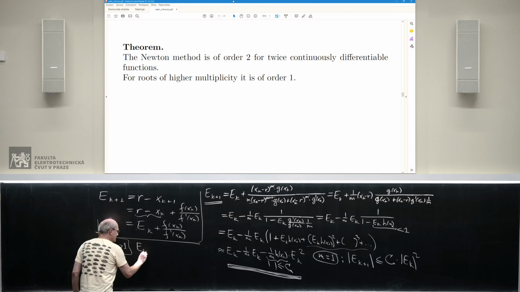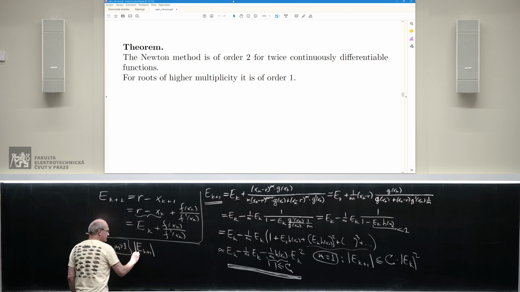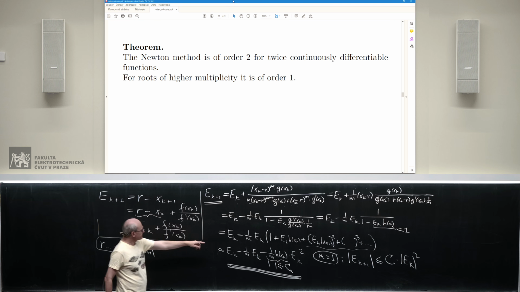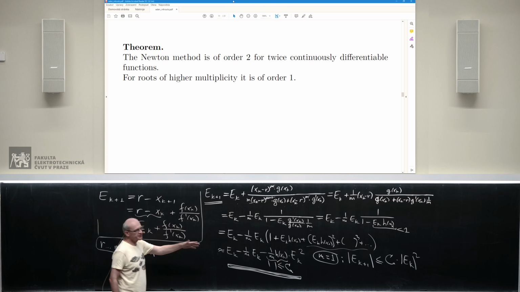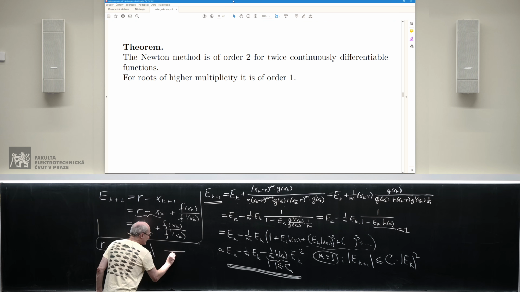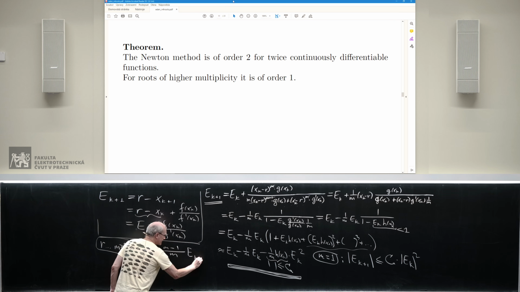Well, e_{k+1} in absolute value, and I look here, if m is not 1, then this fraction is not 1 either, and e_k does not cancel. It remains in the formula. I use common denominator, I divide by m, and on the top it will be m minus 1 times e_k in absolute value.